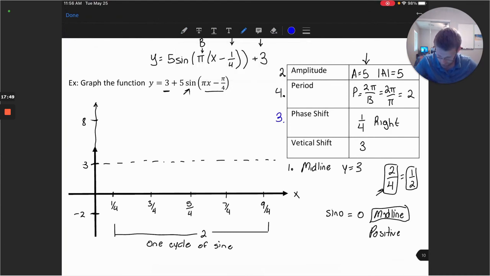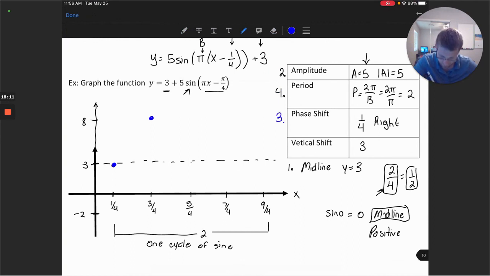So let's take a look at this. I start at 1/4, and I'm starting at my midline. So there's my first point. And then I start increasing. So at 3/4, that would be at 8. That's my maximum.